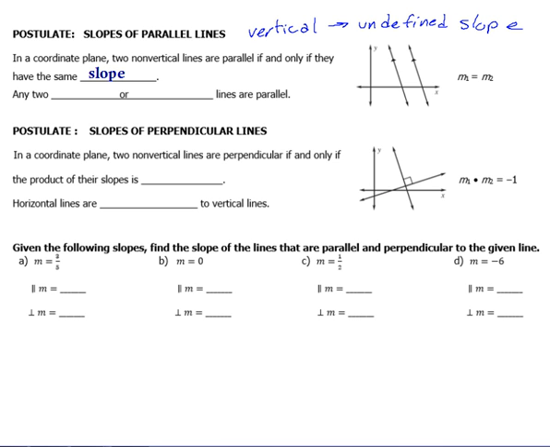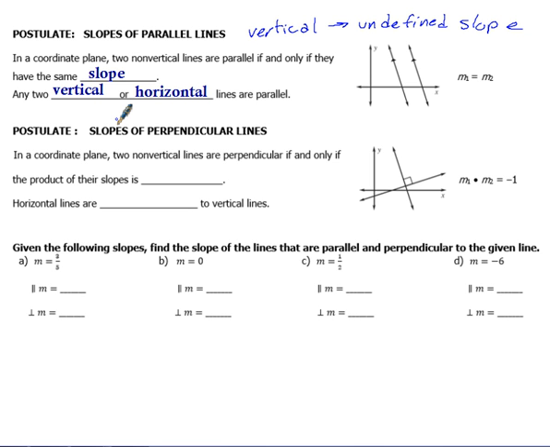So if you ever see that pop up, a vertical line, remember it has undefined slope. Horizontal line has a slope of 0. Any two vertical or horizontal lines are parallel. So if I have two horizontal lines, they're automatically parallel. If I have two vertical lines, those are automatically parallel as well.